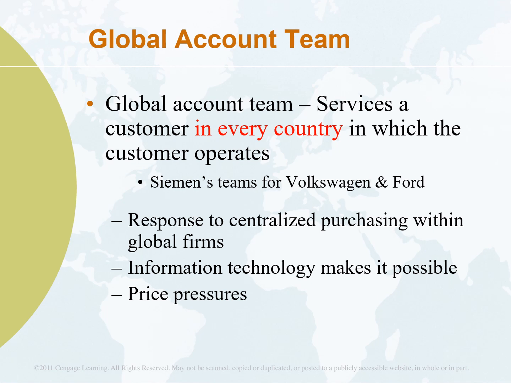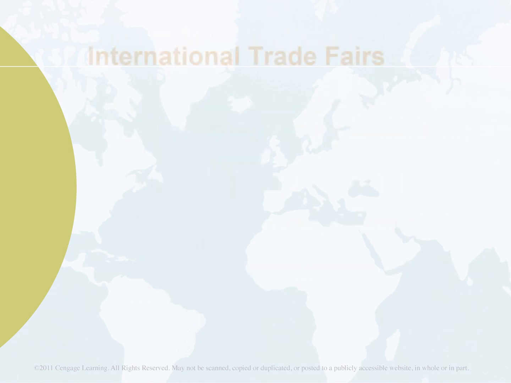They have teams for Volkswagen and Ford, just for those companies, because Volkswagen and Ford operate in many countries. Siemens services them in many countries. This is a response to centralized purchasing within global firms. They have had the information technology to make it possible, and there are also price pressures for you to work with them like that.